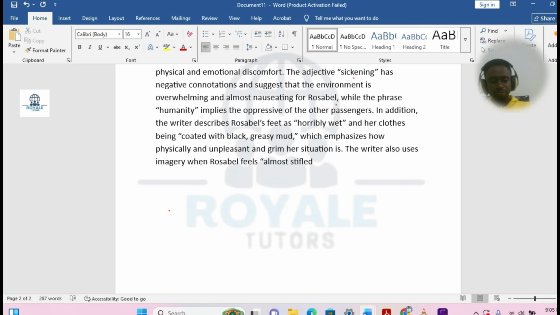You can see that this suggests that the crowded bus makes her feel trapped and unable to breathe properly.